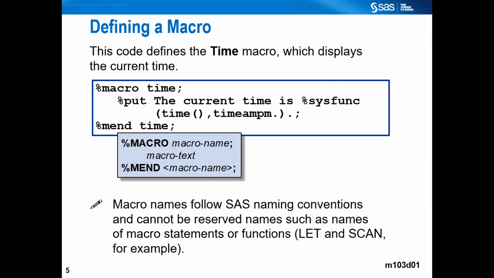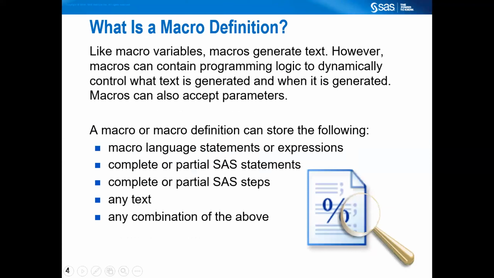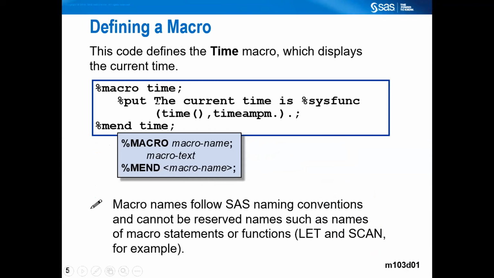Here the example is: this code defines the time macro, which displays the current time. Now this macro is written with a macro statement called %PUT. In the previous slide, what did it say the macro definition stores? Either a SAS language statement or expression. In this example, it has been saved with a macro statement.